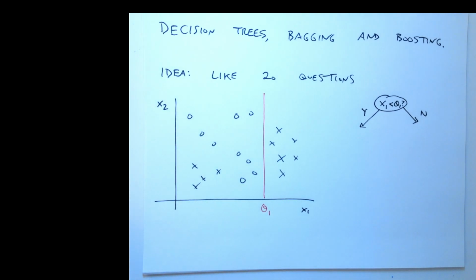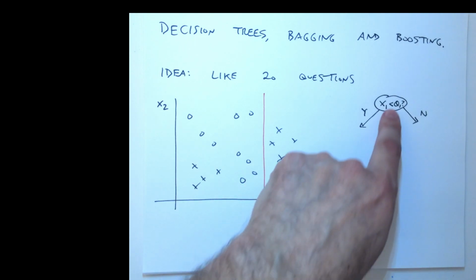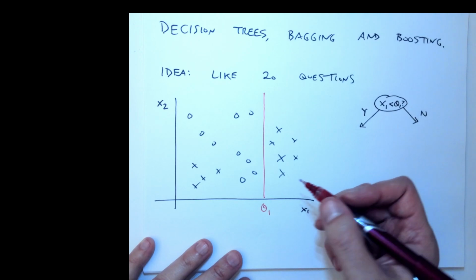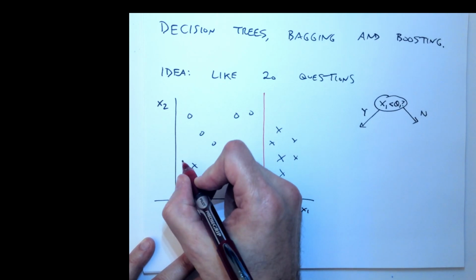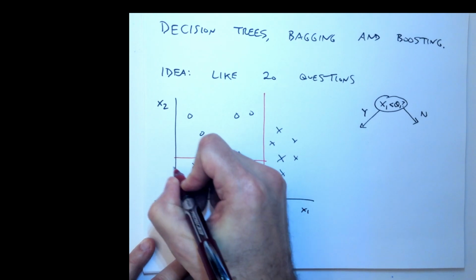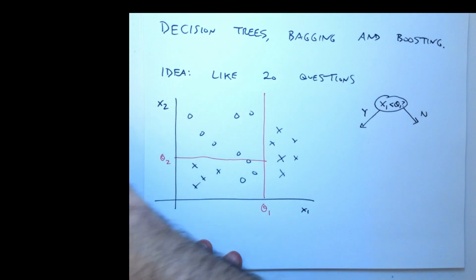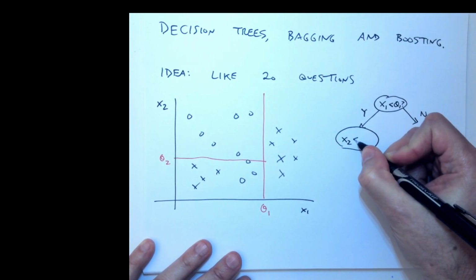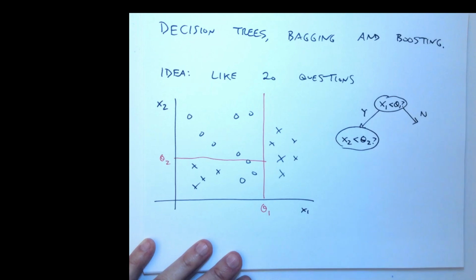And so let's suppose that I'm in the yes branch. So I say, okay, now I'm over here. If I want to try to separate the data better, I could say, is x2 less than theta 2?